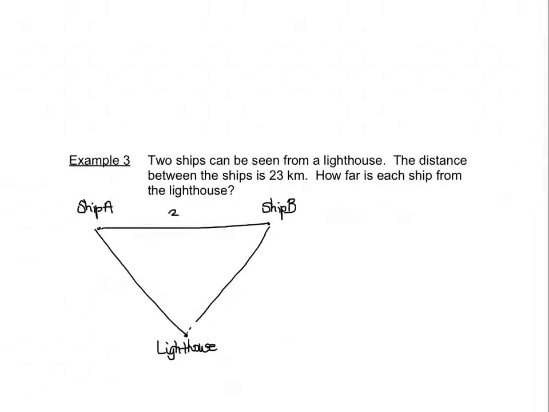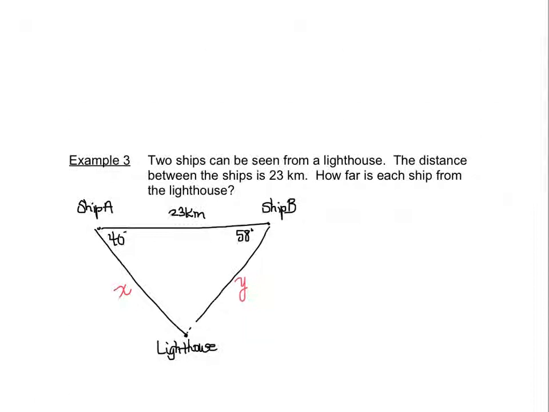The distance between the ships is 23 kilometers, but what was also missing here is the angle measures. So we can't solve anything without those. So we've got a 40-degree angle and a 58-degree angle in this picture. All right, we're going to say X is the distance that ship A is from the lighthouse, and Y is the distance of ship B from the lighthouse.